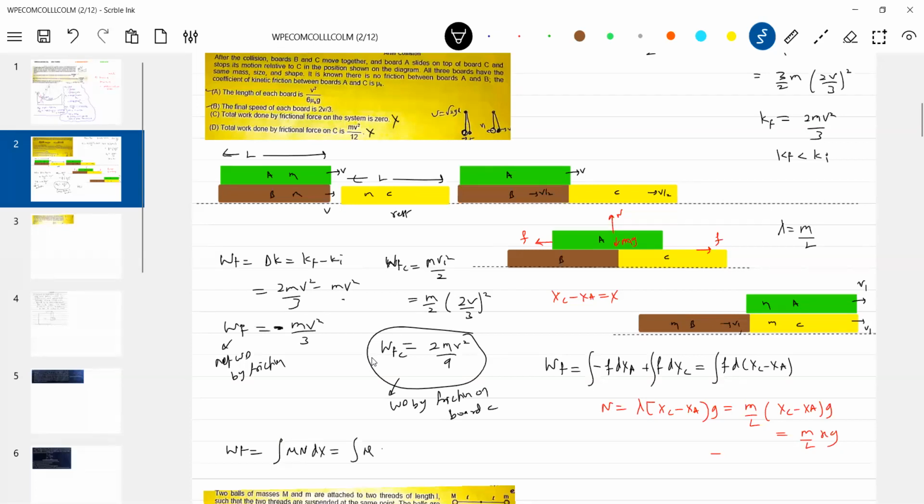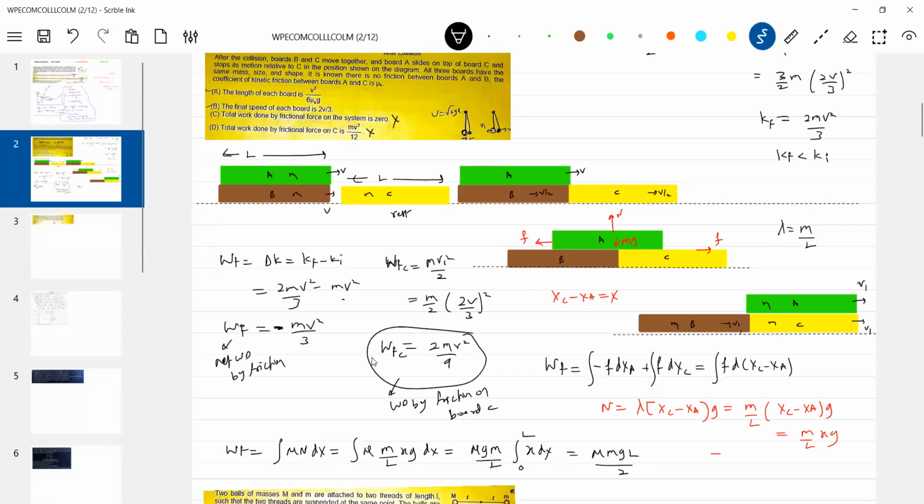So mu N will be M by L x g into dx. This will become mu g M by L, with the limits 0 to L. Mu mg L by 2 will come.